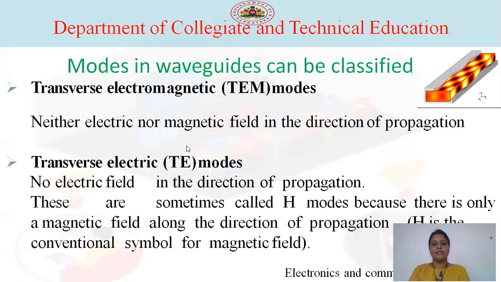In the transverse electric mode, there is no electric field in the direction of propagation. That is, the electric field is perpendicular to the direction of propagation and the magnetic field is along the direction of propagation. That is called the transverse electric mode, TE mode. Electric field is perpendicular and magnetic field is along the direction.